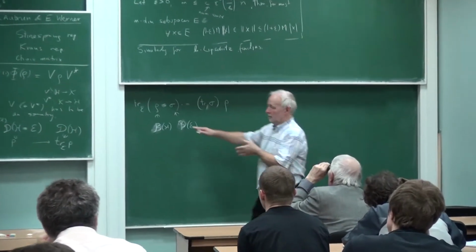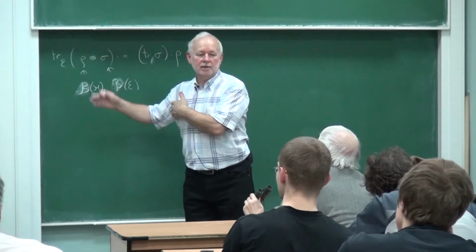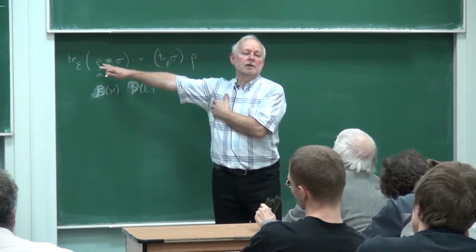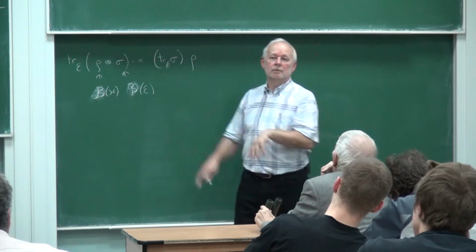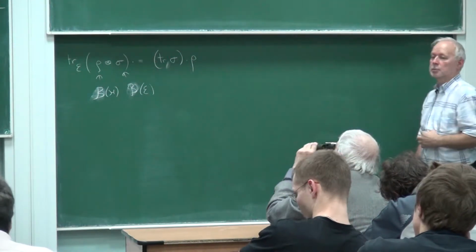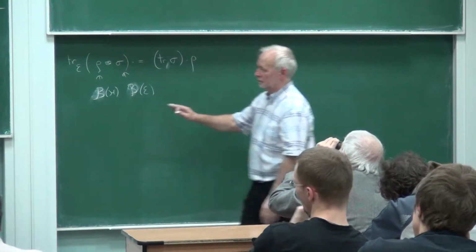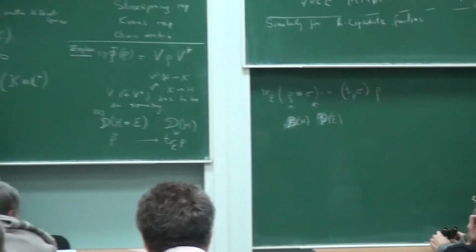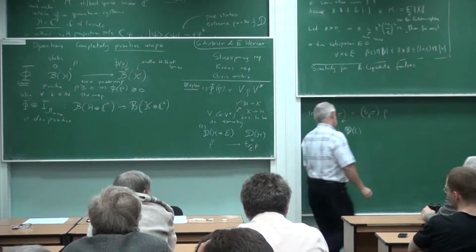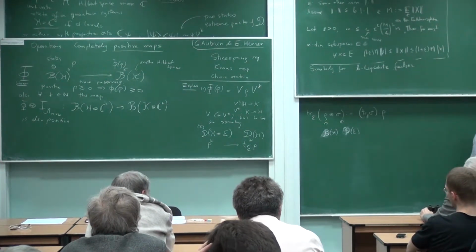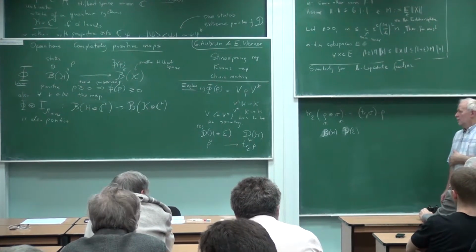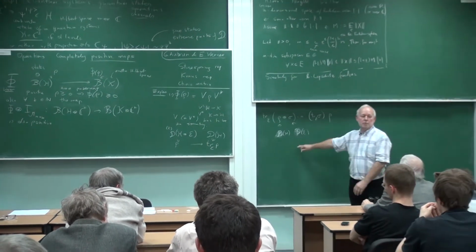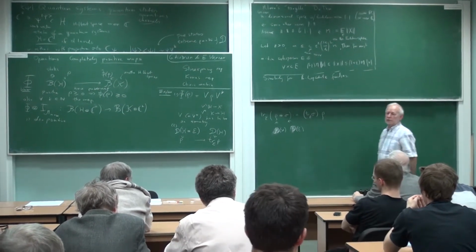Okay, and then by universality of the tensor product, this can be extended to a linear map on the tensor product of those two spaces. So basically that's how it is defined. Now, as it turns out, this is also completely positive, which is not that difficult to check.